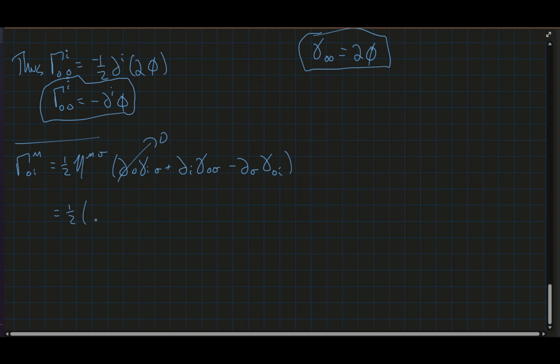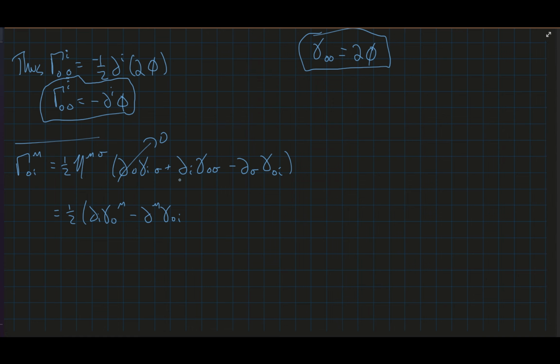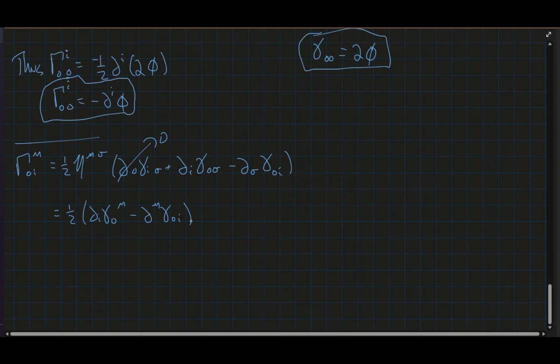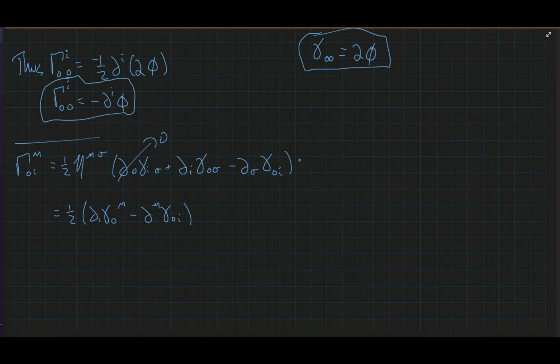So let's do that. We get del I gamma 0 mu minus del mu gamma 0 I. So we actually need to work out what these gamma 0 i's are going to be. So we can do that over here.